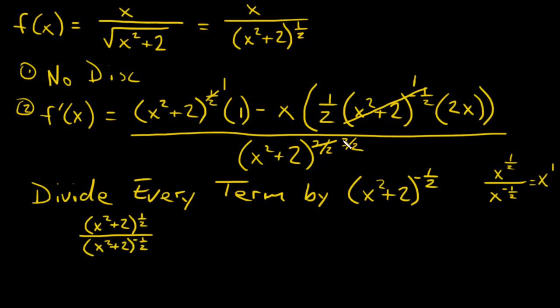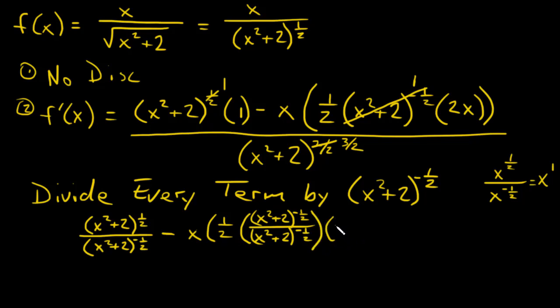This is what I did up here, but in long form, minus x times 1/2 times (x squared plus 2) to the negative 1/2 divided by (x squared plus 2) to the negative 1/2 times 2x, and I can move that negative 1/2 factor that I'm dividing by to any of these pieces because they're all multiplied together.